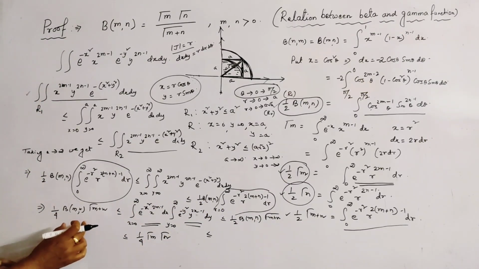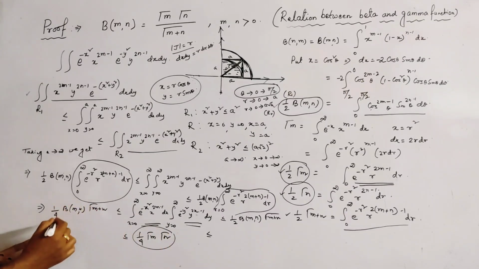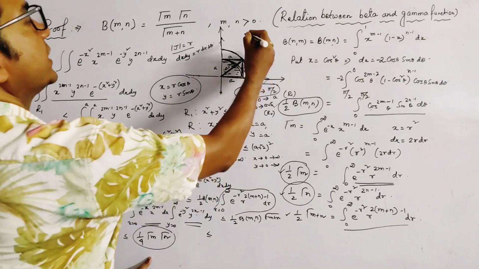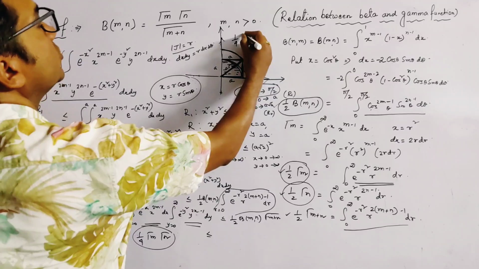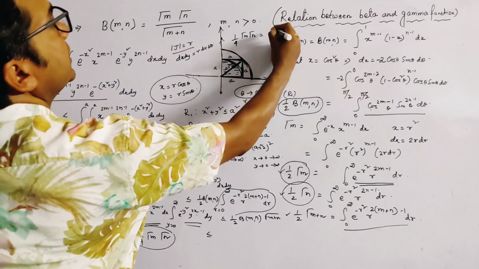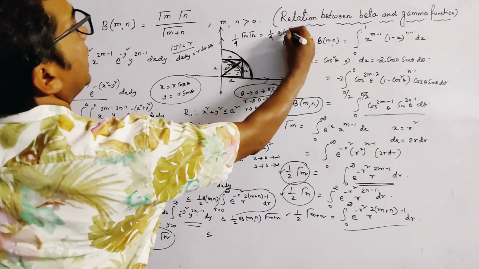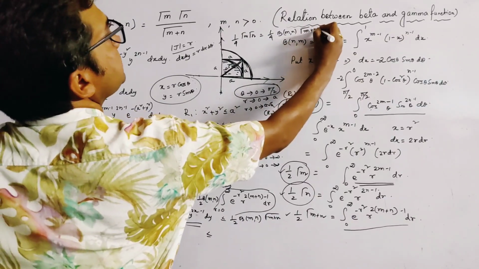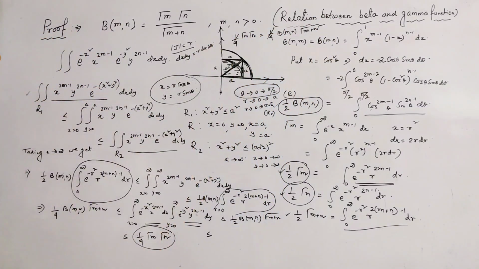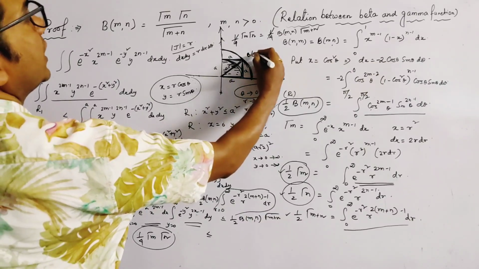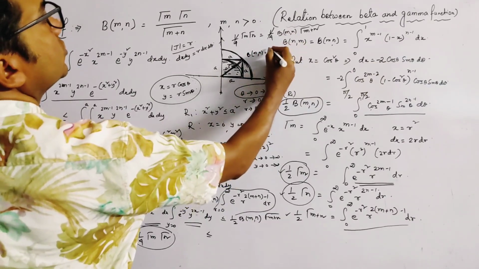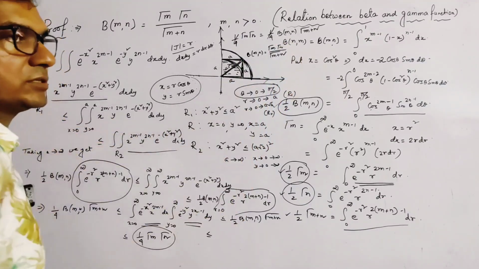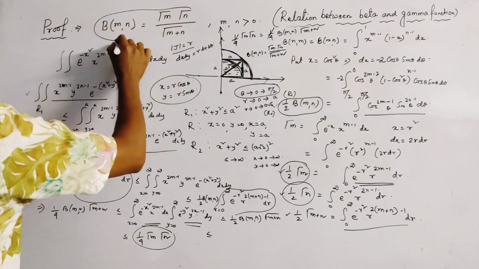Okay, and so we can write the middle portion equal to the left side or equal to the right side, because left and right are both the same. So we get 1 by 4 into gamma m into gamma n equal to 1 by 4 beta mn into gamma m plus n. 1 by 4 cancels out and we get beta mn equal to gamma m gamma n by gamma m plus n. Okay, and this is our proof.